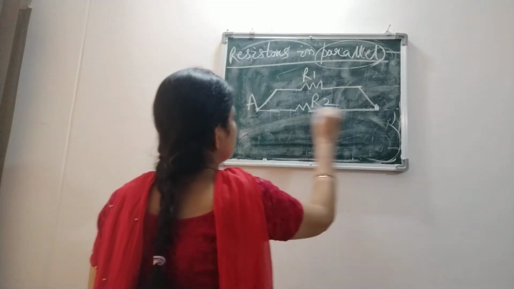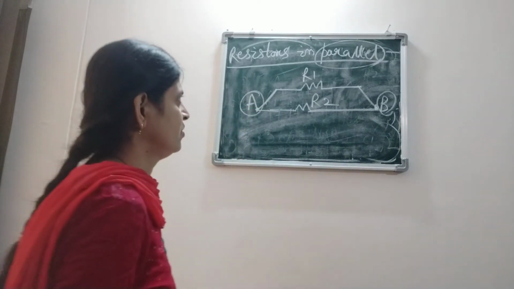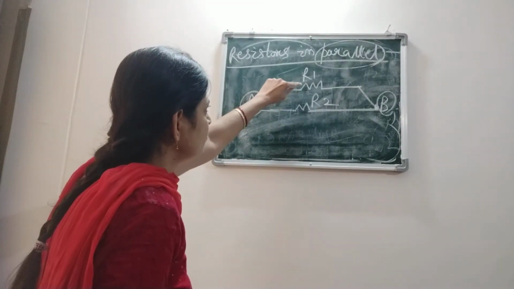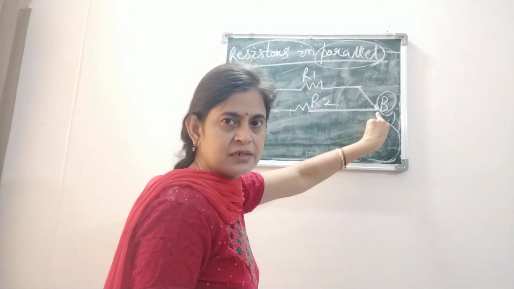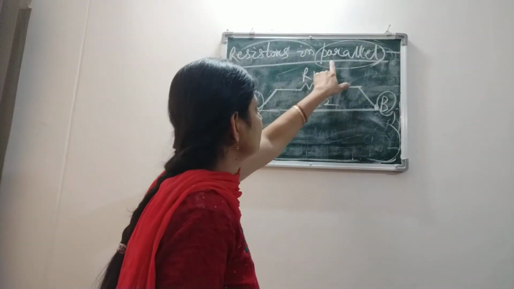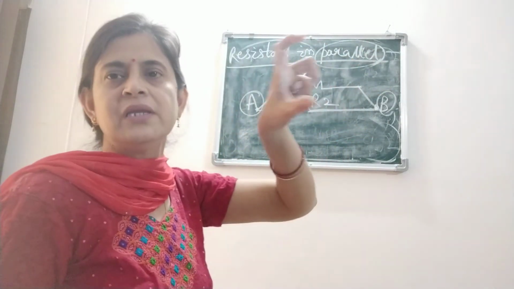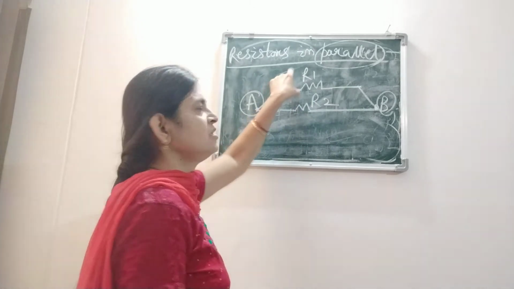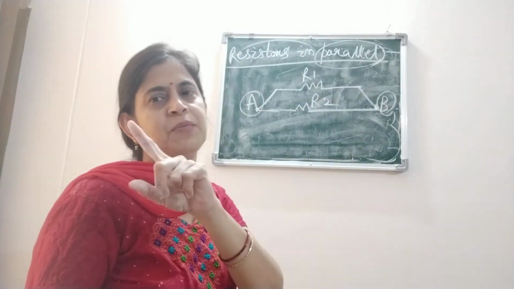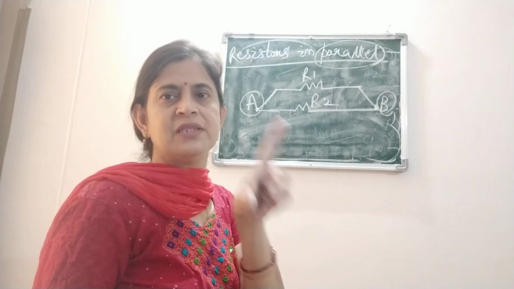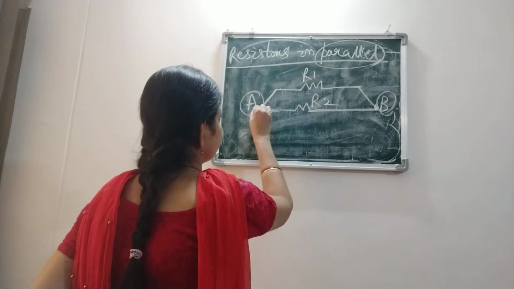That means A and B are the 2 common points where both the terminals of R1 and R2 are joined or connected. This type of connection is called a parallel connection. Now it is clear what the difference is between series connection and parallel connection. In series connection, the path is along one path. That's why the current will be the same. But observe the diagrams.